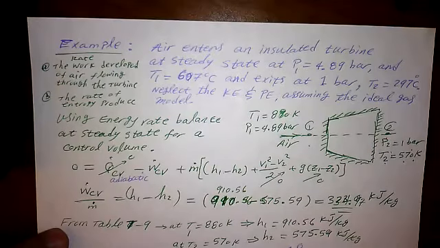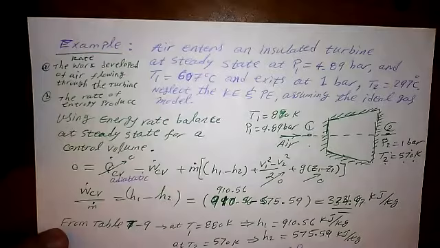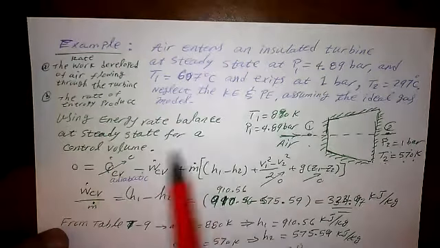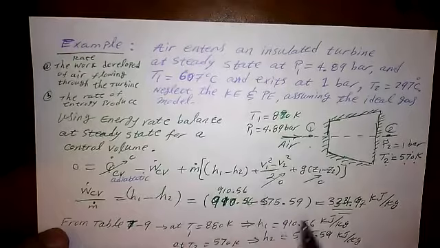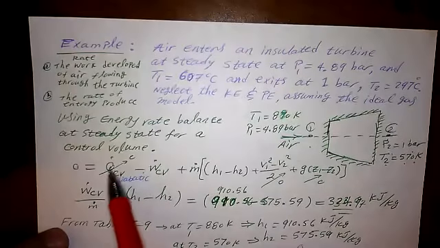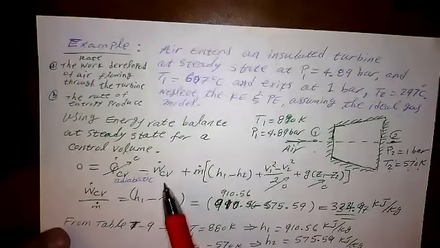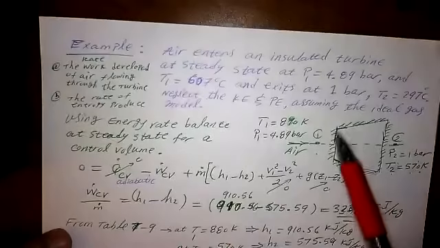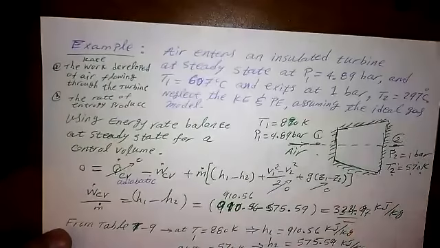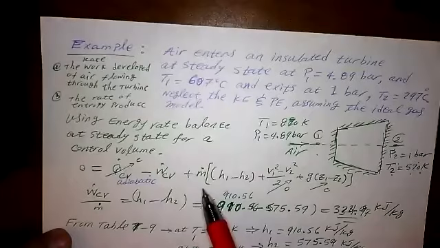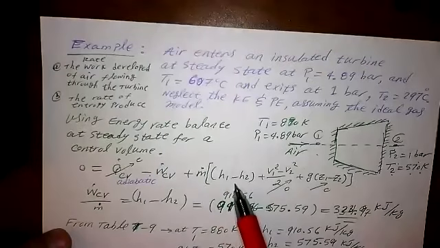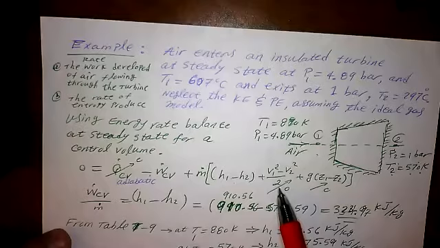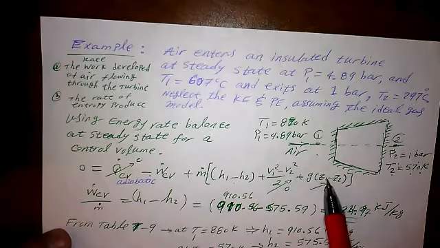If you write the energy balance, using the energy rate balance at steady state for a control volume, and adiabatic, the heat transfer term goes out. The work or power for the control volume is equal to m dot, the mass flow rate, times the change in enthalpy, kinetic energy and potential energy.